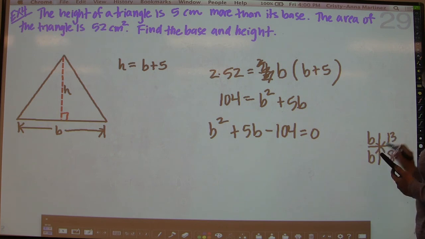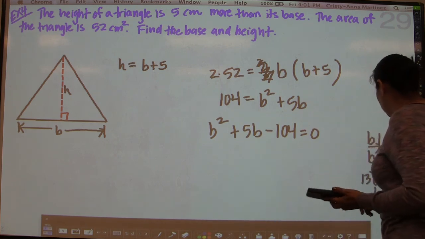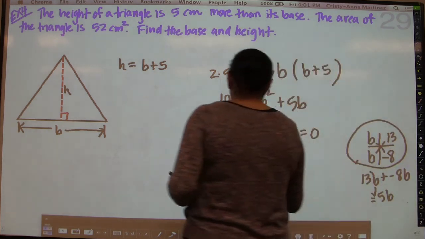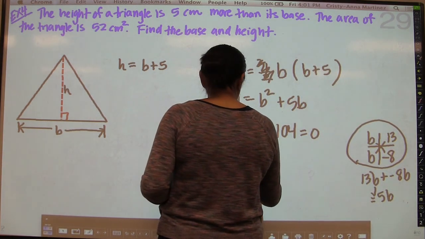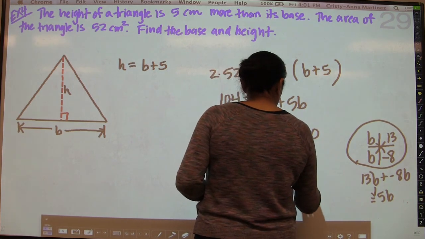So if I go 13b and add negative 8b, then I'm going to get 5b, and that's exactly what the middle term is. So it turns out those are the right factors. That means I get b plus 13 and b minus 8 equal to 0.